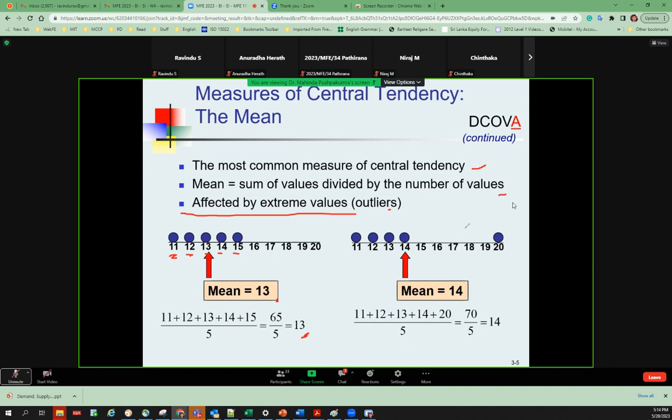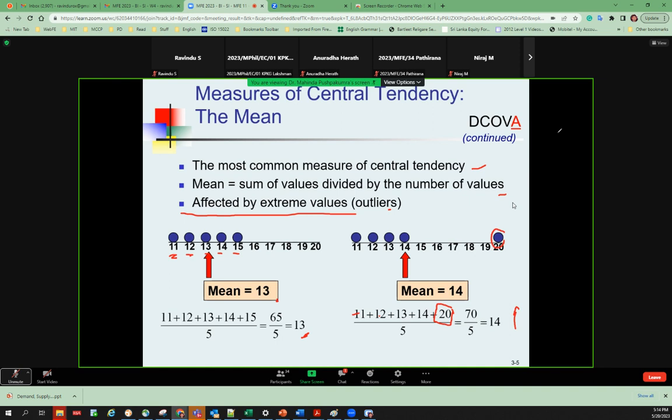In the second data set, the values are 11, 12, and we have an unusual value, 20. We call it an outlier. Later, we will learn how to identify outliers. Just think of it as an unusual value. Due to this unusual value, the mean has increased from 13 to 14. This is a limitation of the mean due to an outlier.